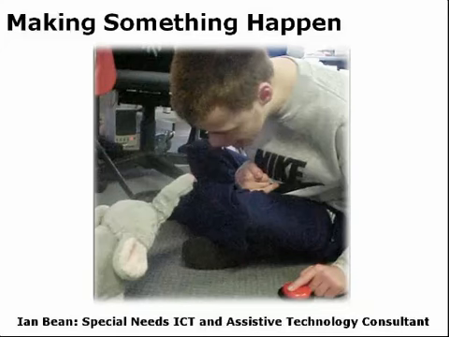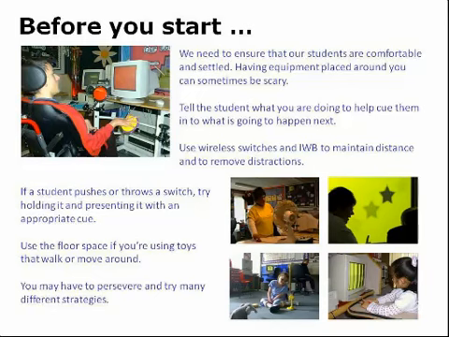Whenever we look at using technology with people, it's really important that we think about positioning technology and presenting technology to children. Certainly from a point of view of behaviour, one of the things that I found over the years is very important is that when we introduce technology, we do that gradually, and that we ensure that the students we're working with are comfortable with having technology placed around them.